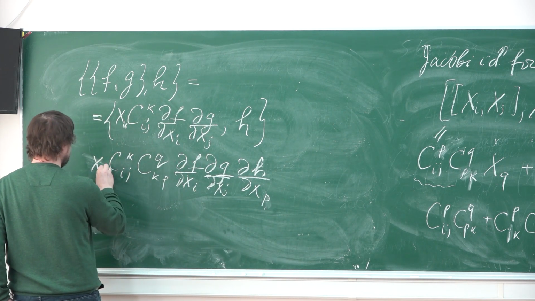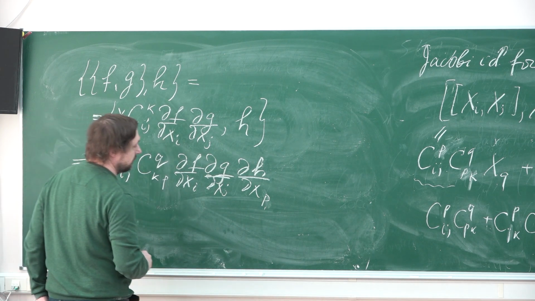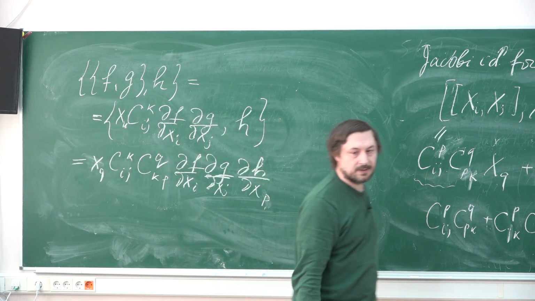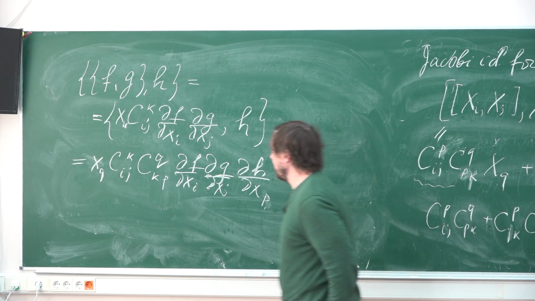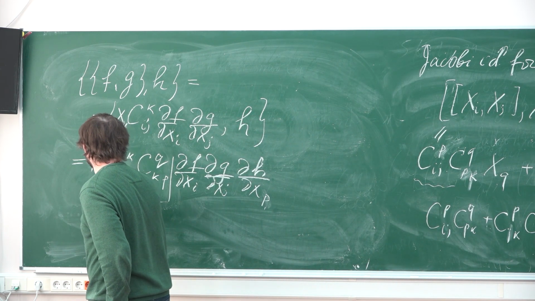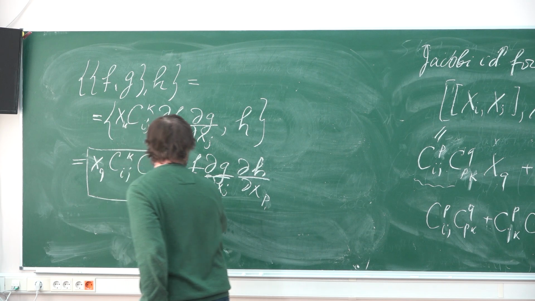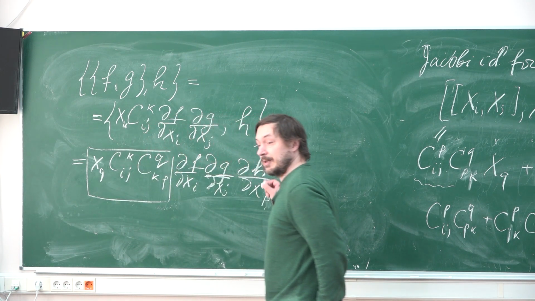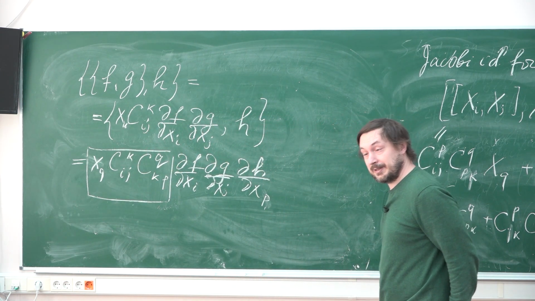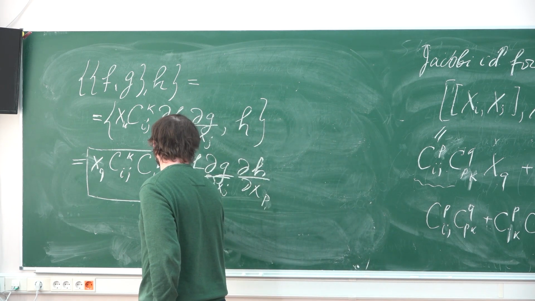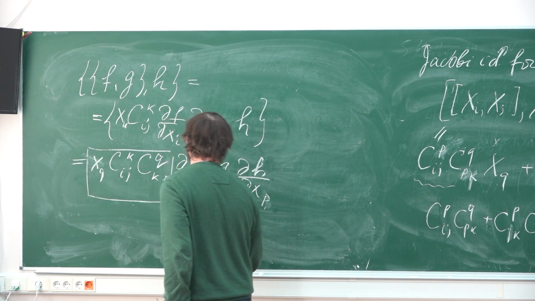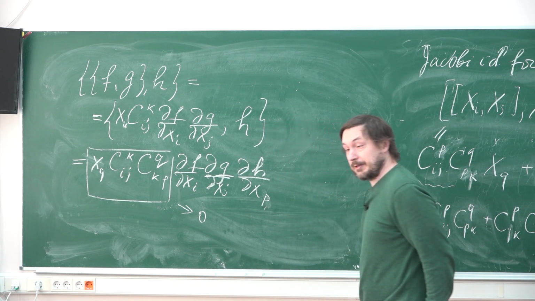And here we have x_q. Right? As you see, we have precisely this sum, which in the Jacobi identity vanishes identically. So we proved this by direct computation.